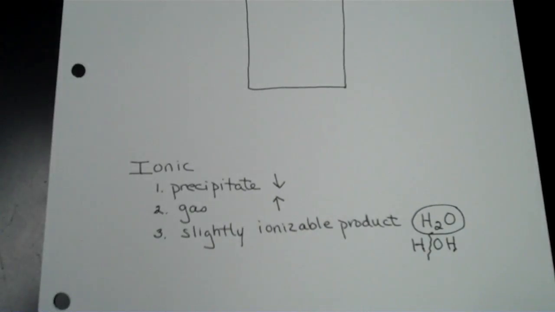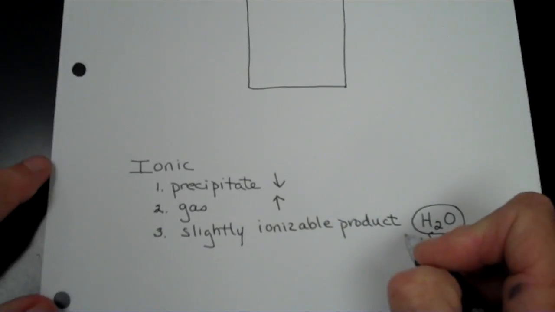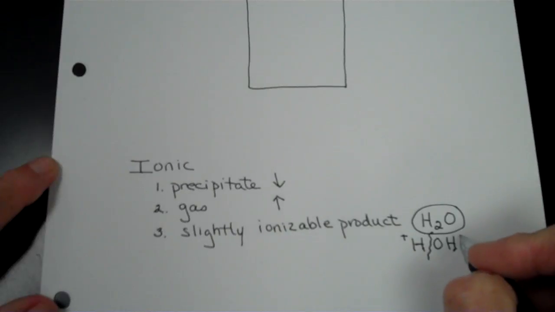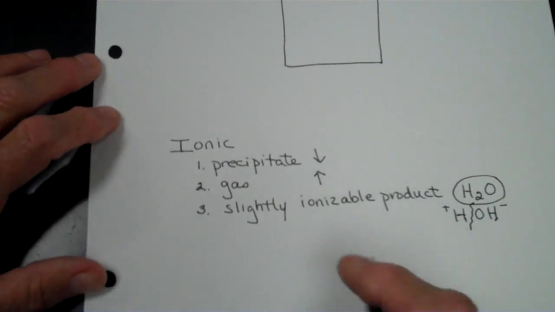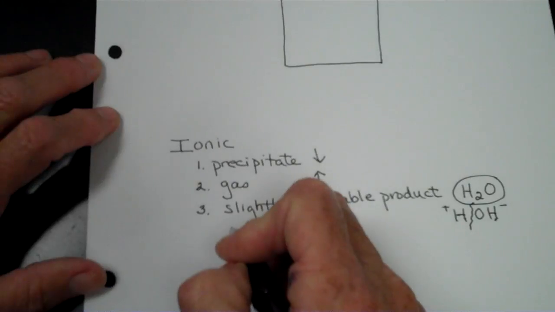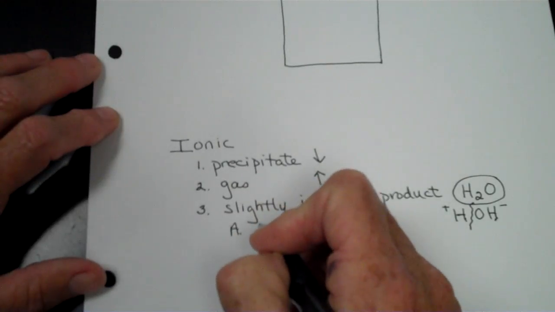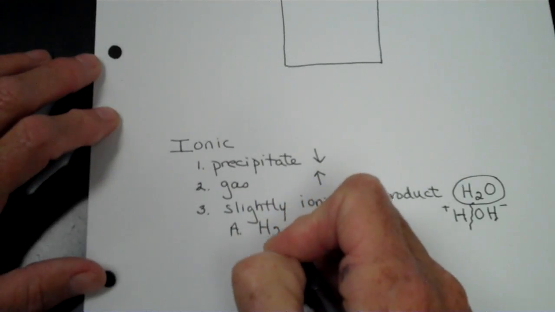So on my handouts, I'm going to use circling a compound as a way of saying that this does not ionize. It does not break up to form positive and negatively charged ions. Instead, it remains neutral. So if we're looking at slightly ionizable products, the first one that we would want to talk about would be water.